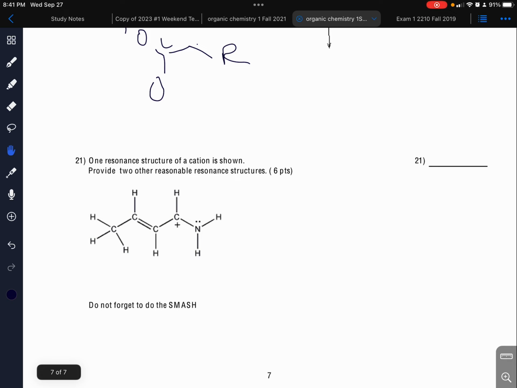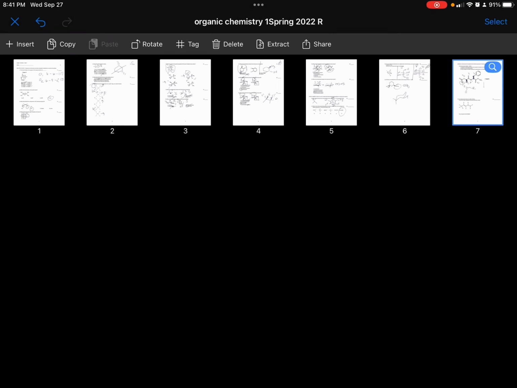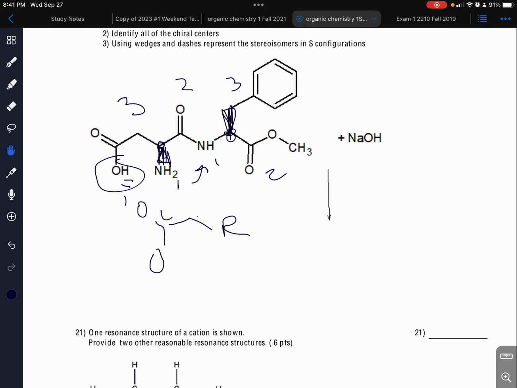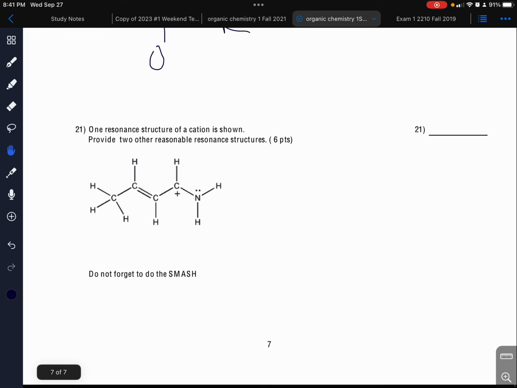One structure of a cation is shown. Provide two other structures.